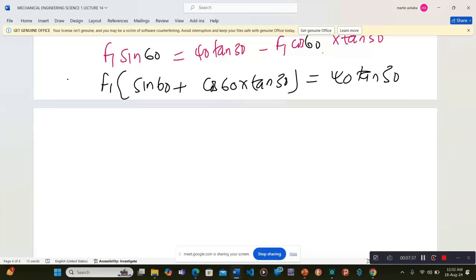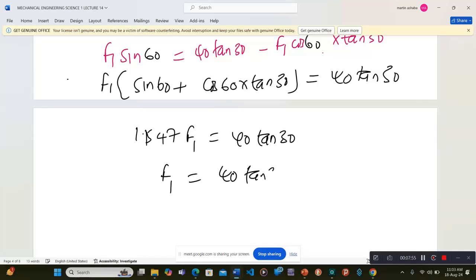We see that we have 1.1547 F1 equals 40 tan 30. So our F1 obviously will be 40 tan 30 divided by 1.1547. So 40 tan 30 divided by that answer. Our answer becomes 20 newtons.